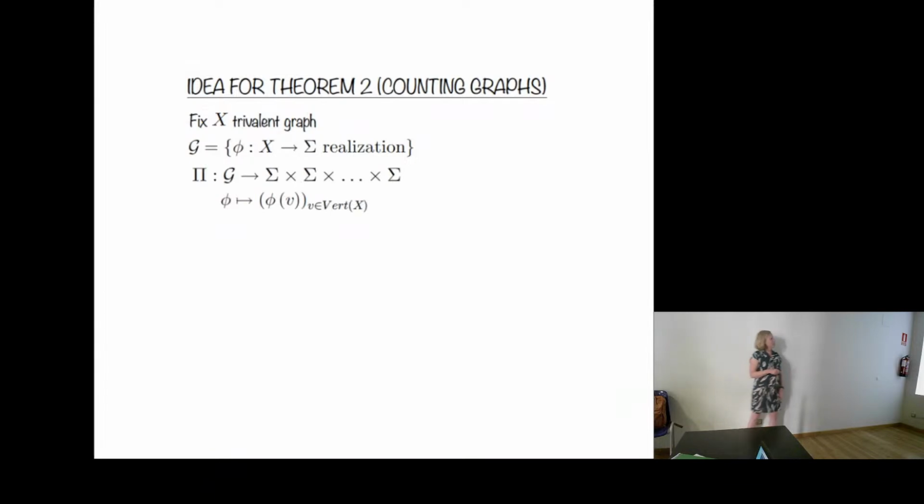But in fact, we can view this as a hyperbolic manifold itself, because we can take any realization and map it to the tuple of vertices. Where does it send each vertex of my graph? So this is supposed to be as many copies of our surface as we have vertices in the graph. The graph is fixed.